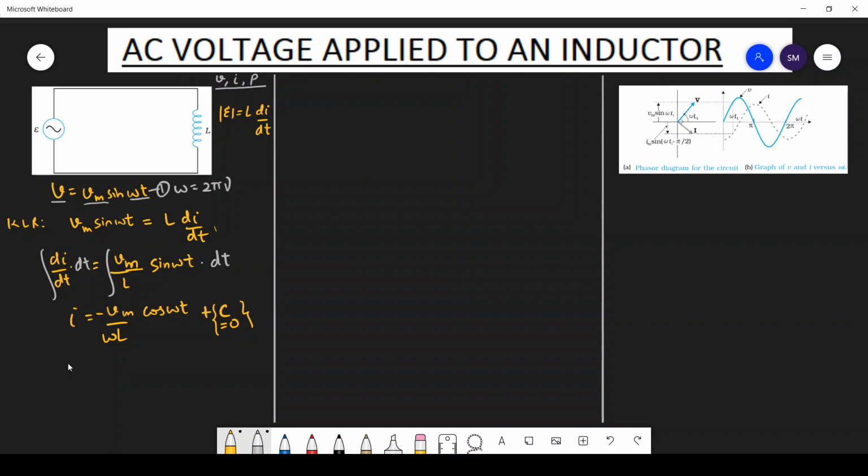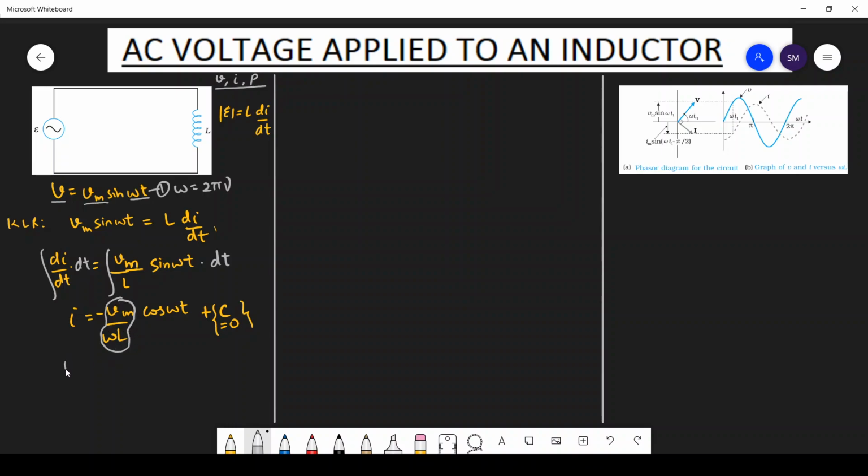Now let us compare this. I want to write I in this form. This is Vm, so you can guess that this whole quantity Vm upon omega L is Im.